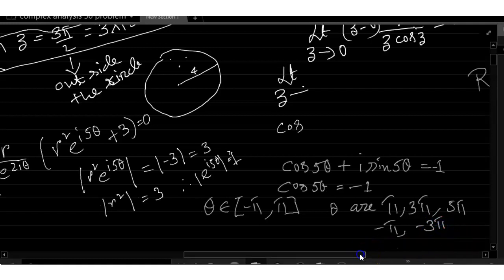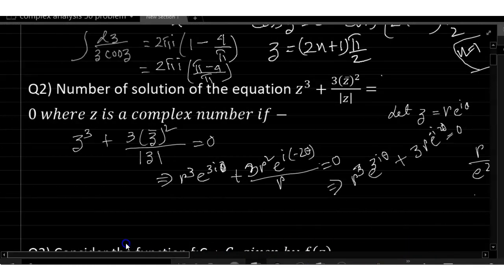This is the answer. So the total number of solutions is 5.